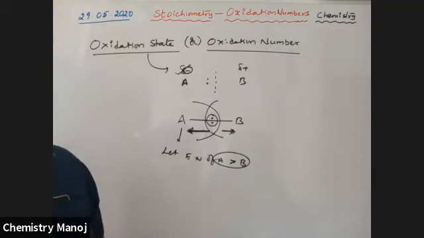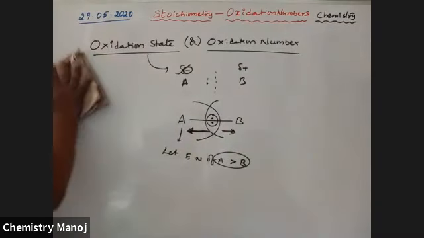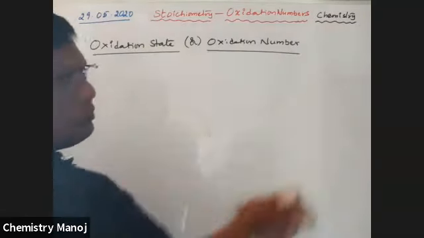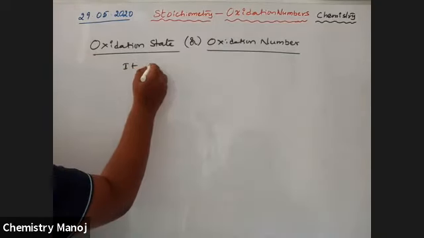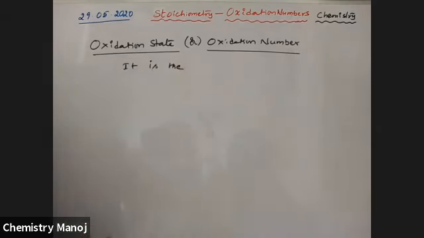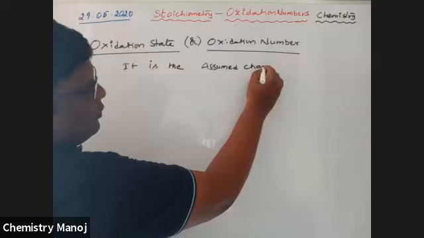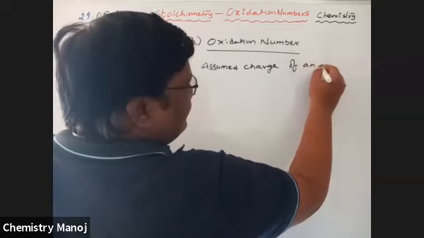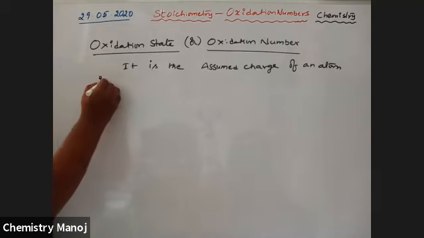So here we are going to discuss, see here. Oxidation state is the assumed charge of an atom in a molecule.